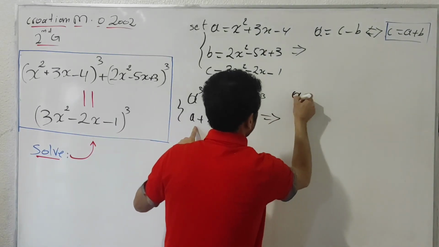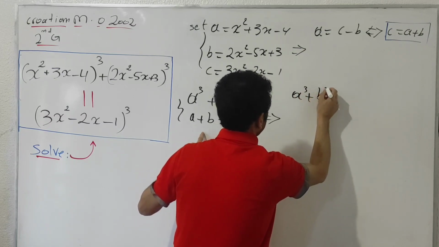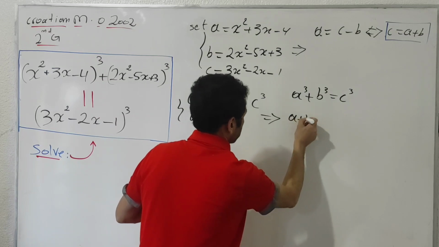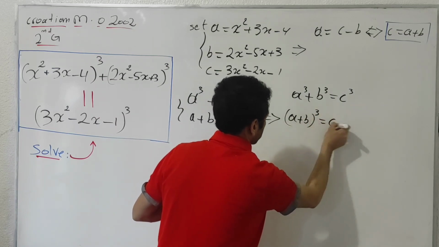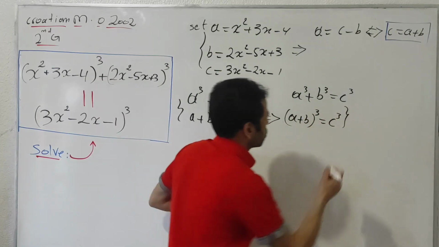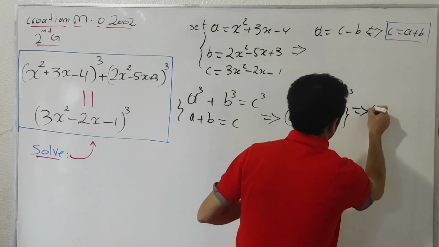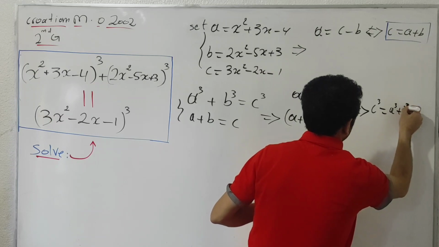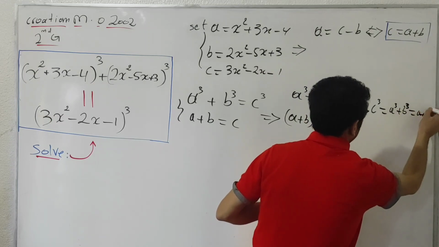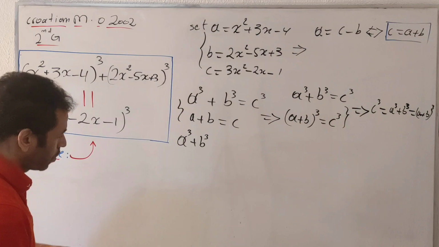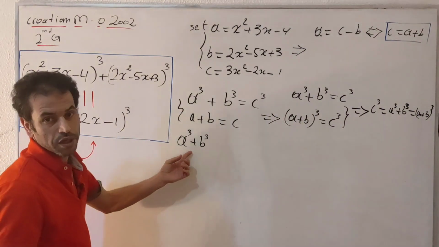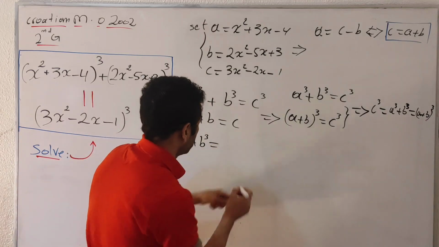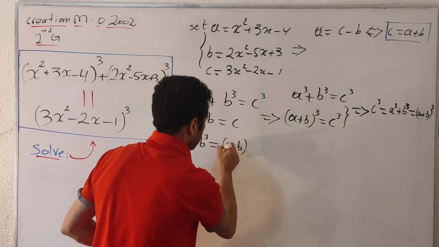So C³ equals A³ + B³ equals (A + B)³. Then I will have A³ + B³ equals this term (A + B)³.